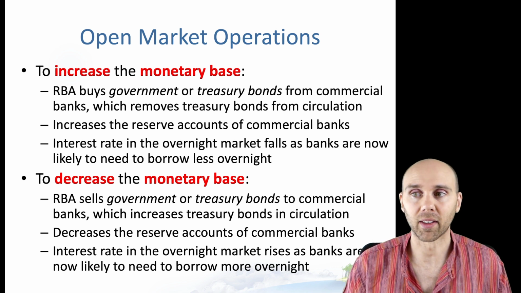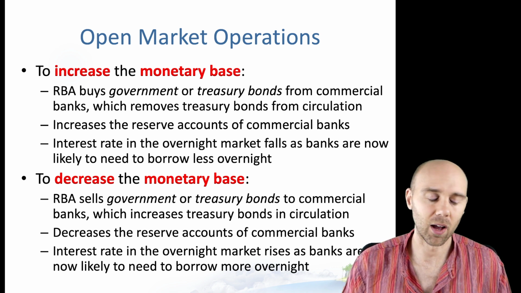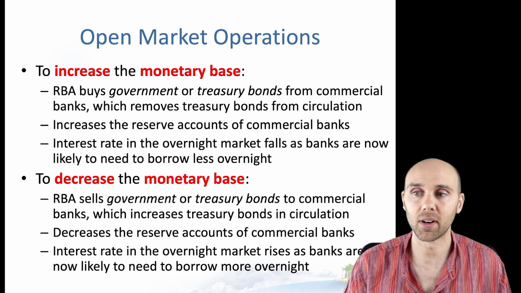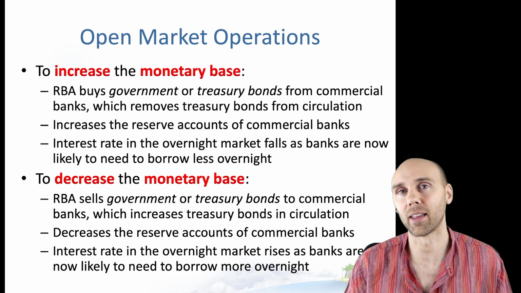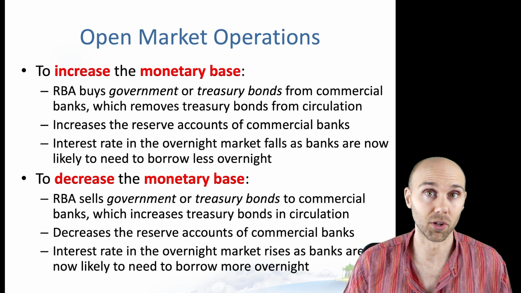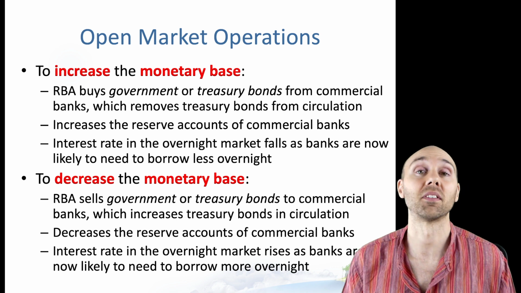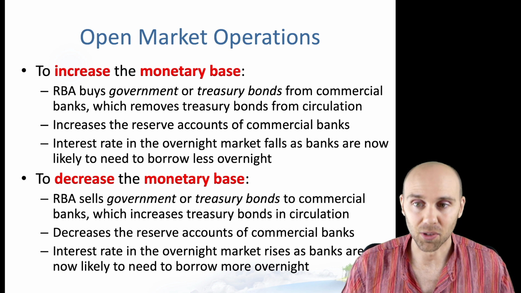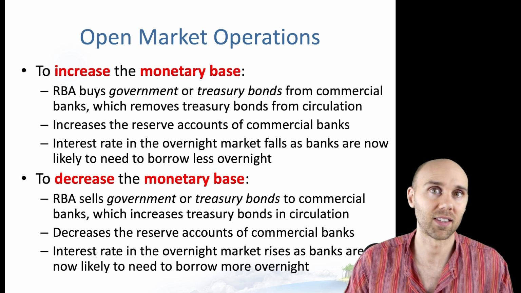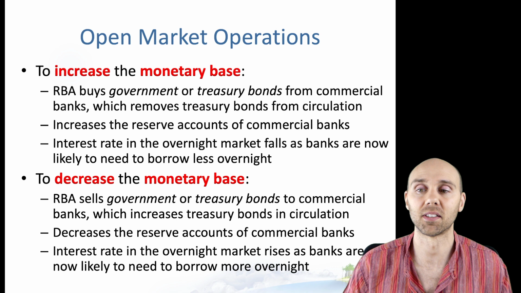So in the same way, the RBA can sell these securities to commercial banks. The commercial banks pay with money for that, which means that they've got fewer reserves, which means it's more likely they're going to need to borrow in the overnight market, which is going to put pressure to increase that price of borrowing, which is the interest rate.